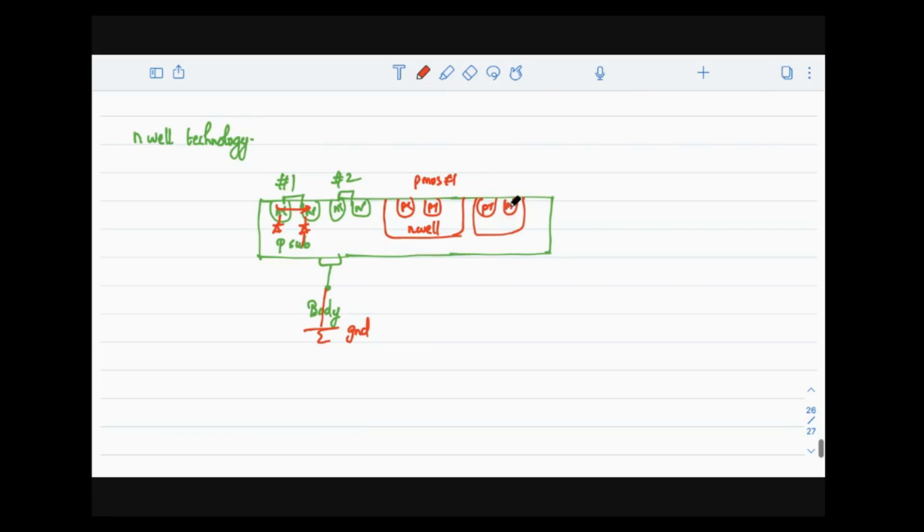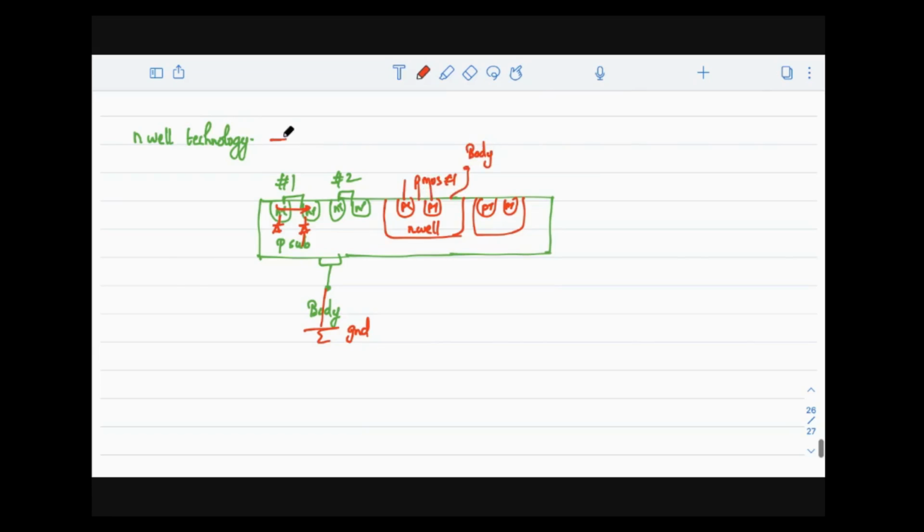N-wells of this type. So what option you will get here is, for every PMOS, whenever this is your source, drain, gate, and this becomes the body terminal, we have the option to connect this body terminal to the appropriate potential, right?